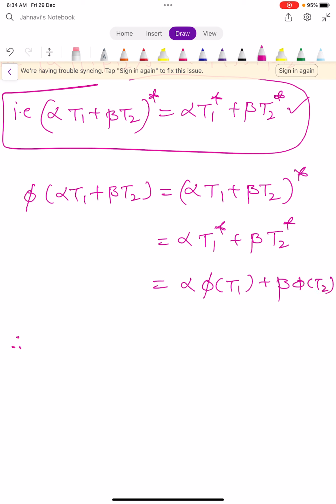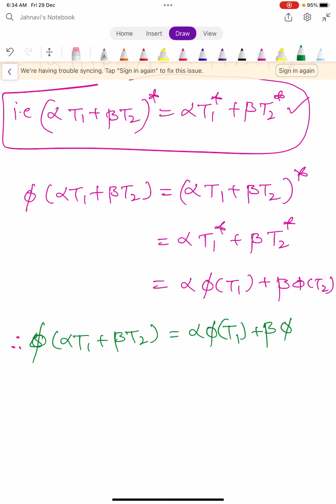Therefore, we conclude that pi of (alpha t1 plus beta t2) is equal to alpha pi of t1 plus beta pi of t2. This condition shows us pi is a linear transformation.